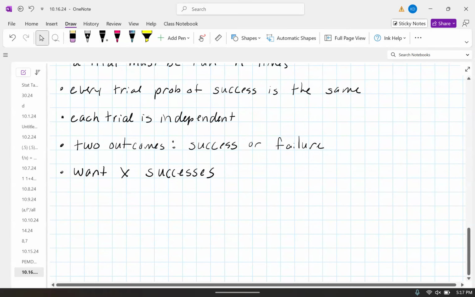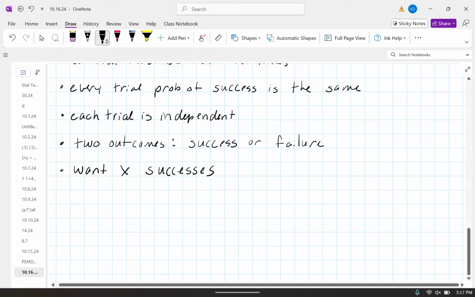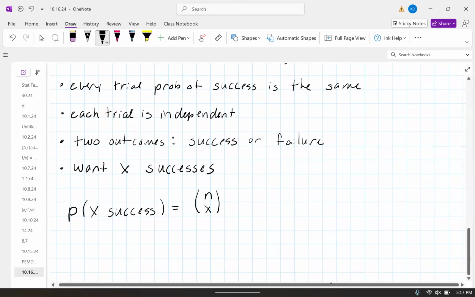Our equation: probability of X successes equals our number of trials, N, choose the number of successes that we want, X. I will explain that notation in a sec.